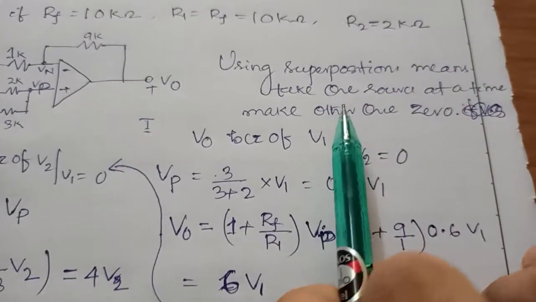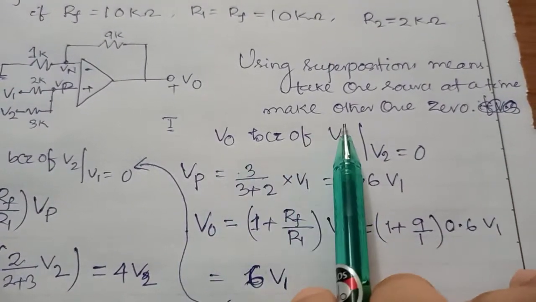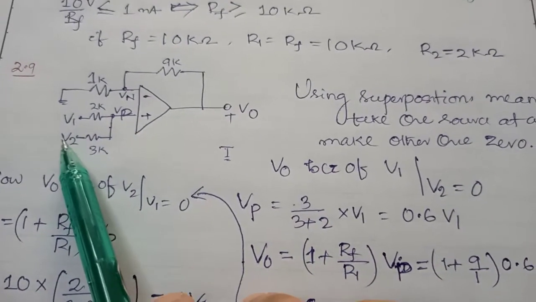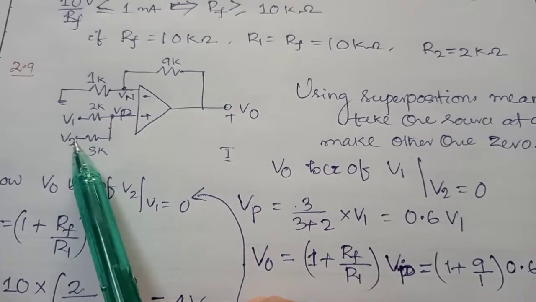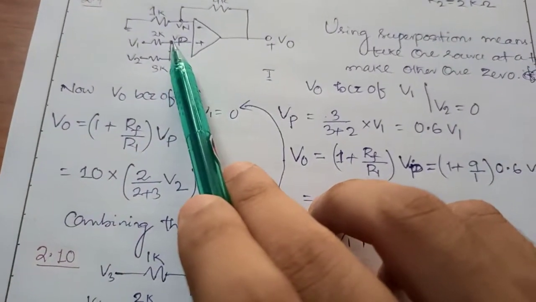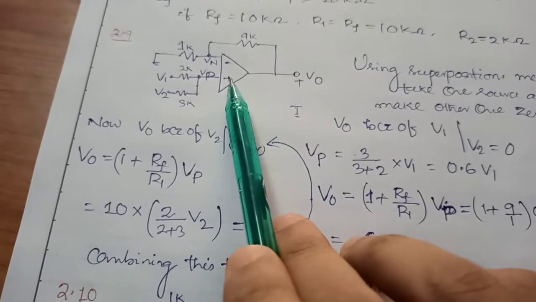So similarly, first I am taking my V output because of V1, means I am taking only V1, and I am short circuiting V2, means it is 0 voltage, grounded. So what will be my Vp? This is Vp, that is the positive potential at my positive terminal.